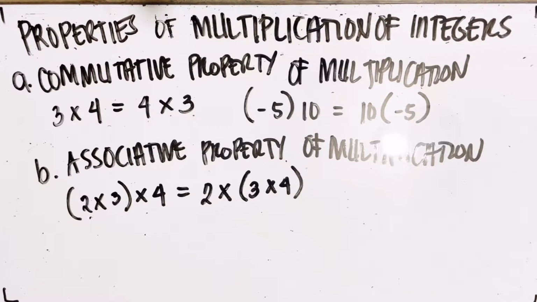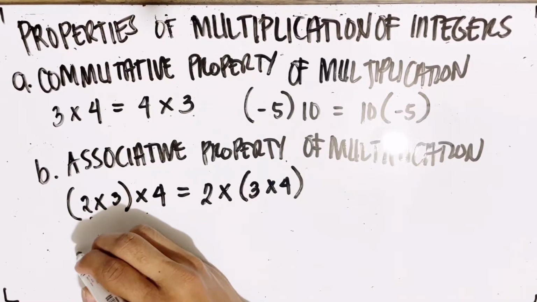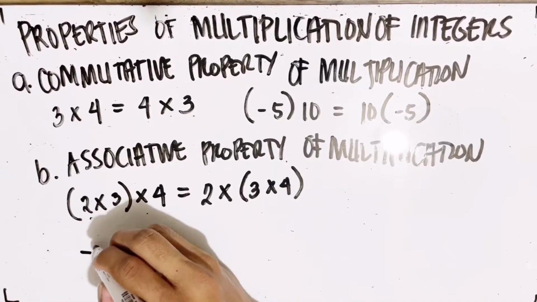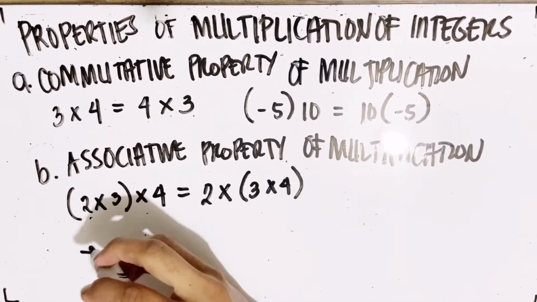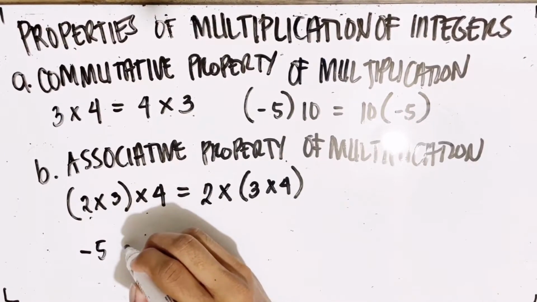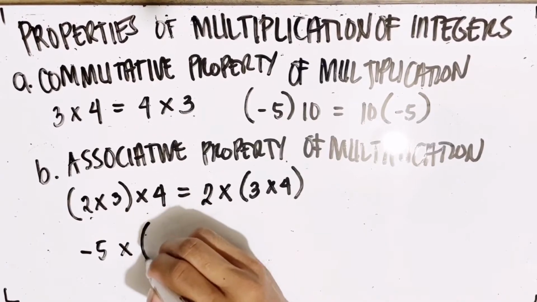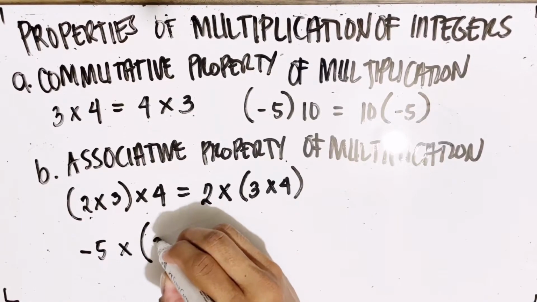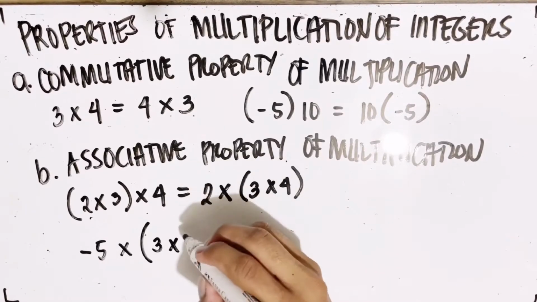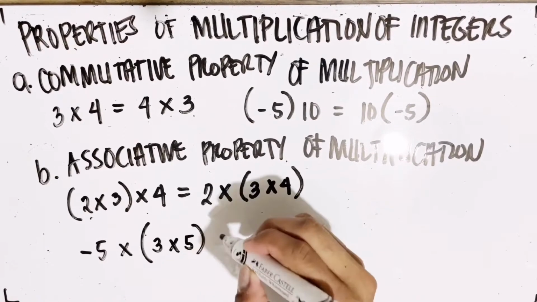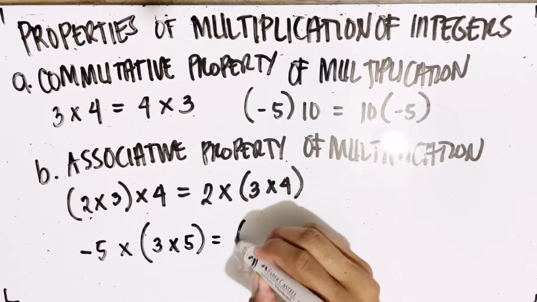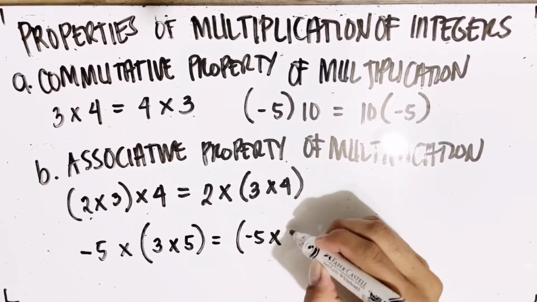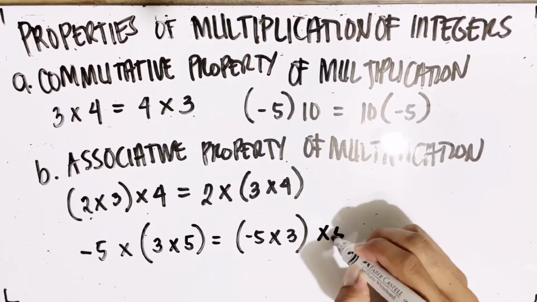Let's have another example. Negative 5 times 3 times 5 is equal to negative 5 times 3 times 5.